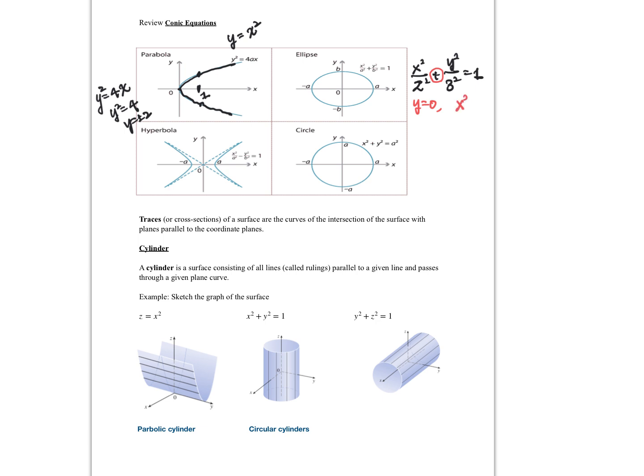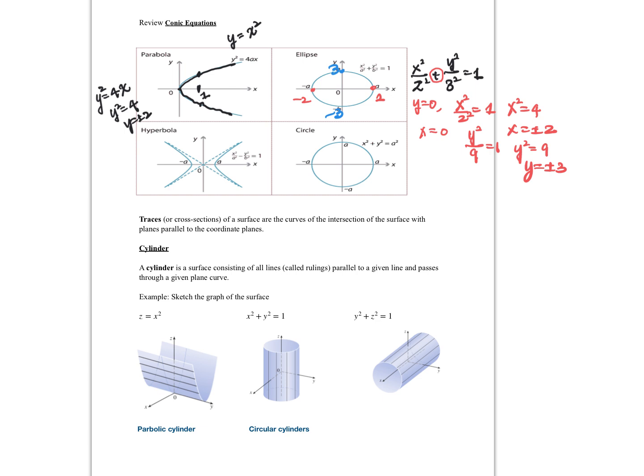You see x squared over 2 squared is 1, so x squared equals 4, x equals positive or negative 2, which means here is negative 2, here is positive 2. Another one is x equals 0, y squared over 9 equals 1, y squared is 9, y equals positive or negative 3. You can plot the 3 and negative 3, then you connect the dots, and that makes the ellipse.